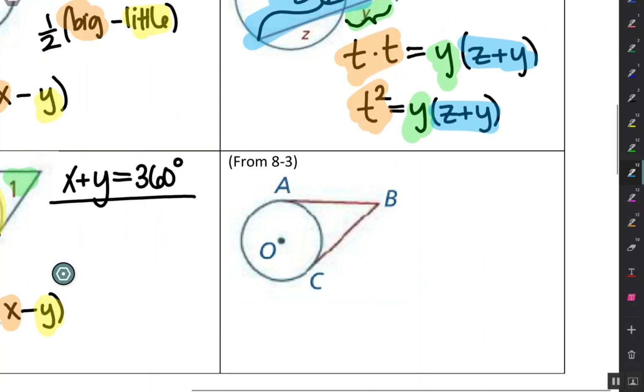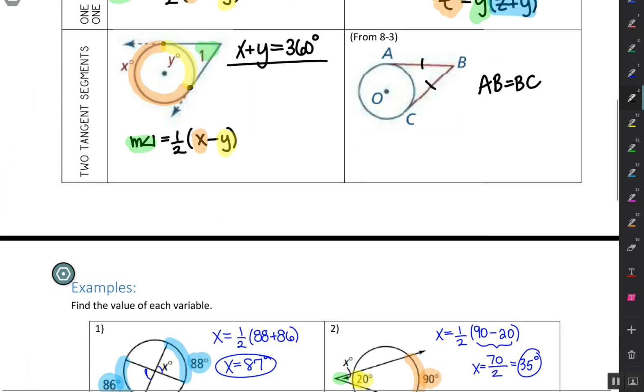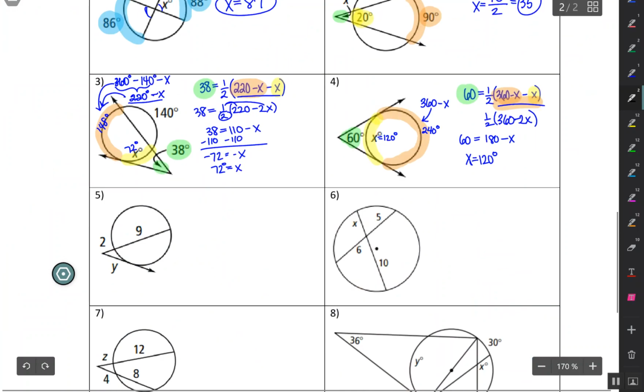Now, I included it for completion's sake because it fits into this so well, but we already did the one where we have two tangents. That's just the case where they're congruent. So AB equals BC. We don't need to really practice that one again, but I just want you to remember that that's there. All right, let's do some segment examples.